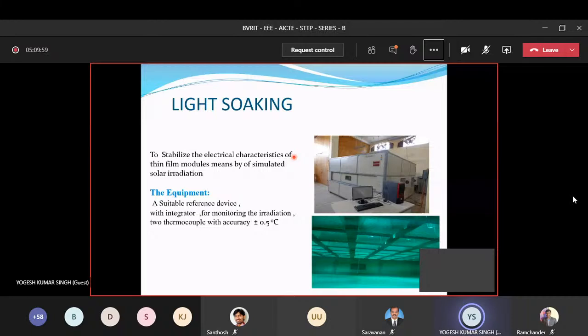After that we go to the feasibility study, where we cross-check the irradiance, temperature, humidity, wind speed, local transportation availability, and all those things.